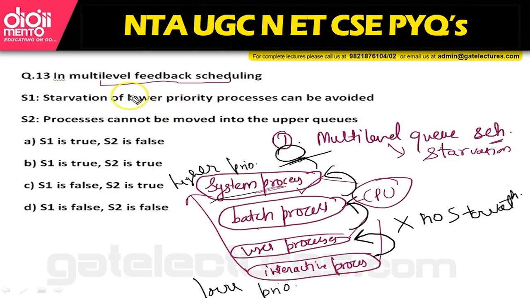Yes, we have just seen there is no starvation because everyone is getting their chance after some time. Now, processes cannot be moved into the upper queues. Yes, this is also right because they are already categorized on the basis of their priorities. When they get higher priority, they will get executed. So both of the options are right. Okay, so which is true? S1 is true and S2 is true. So option B is right here.